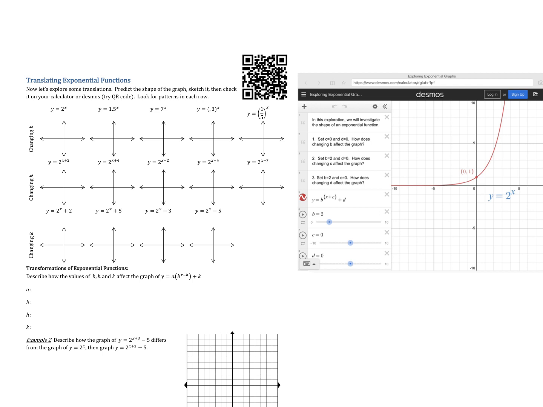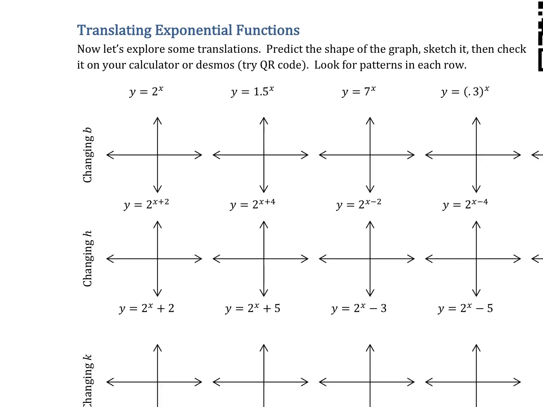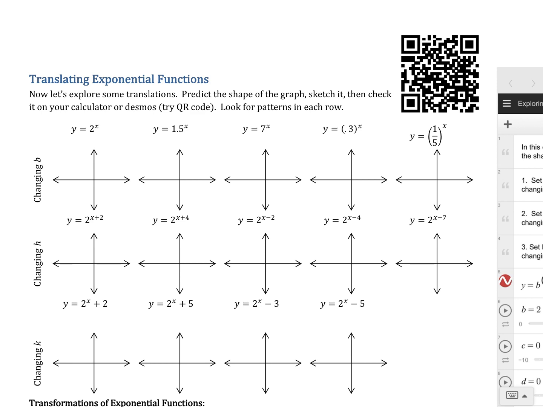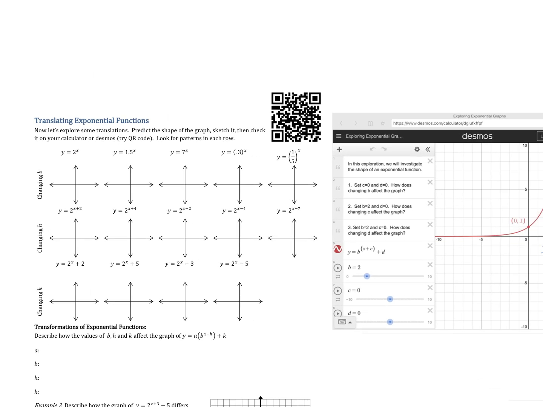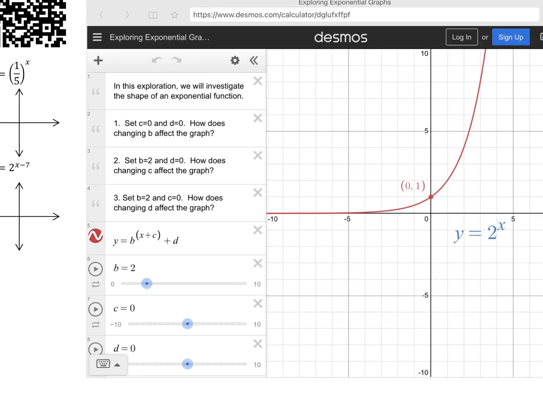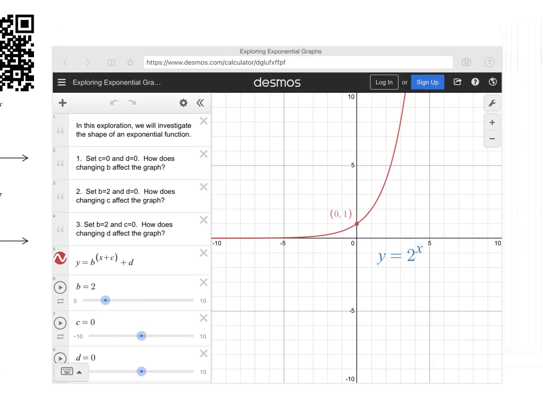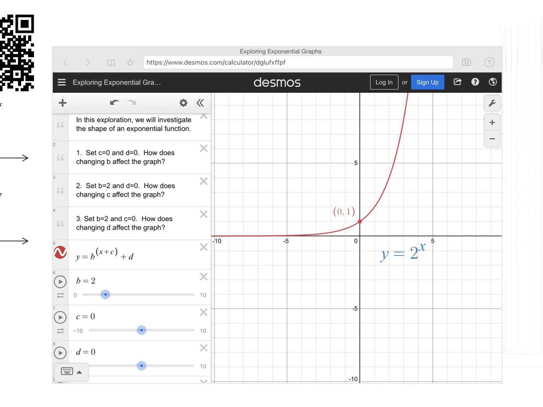We're going to investigate some different bases to start. The first question we want to know is what happens when we change that base from 2 to 1.5 to 7, and so on. Looking over here at this Desmos exploration, we have 2 to the x, and I'm going to change this b value. You can see the equation over here will change. So watch that equation and watch what happens to the graph as we change this.